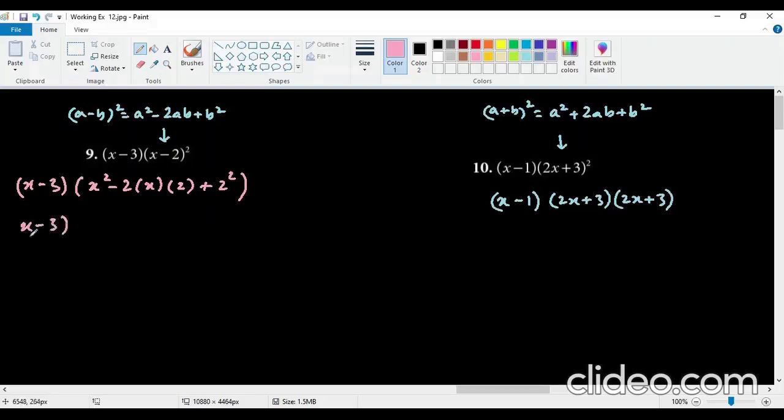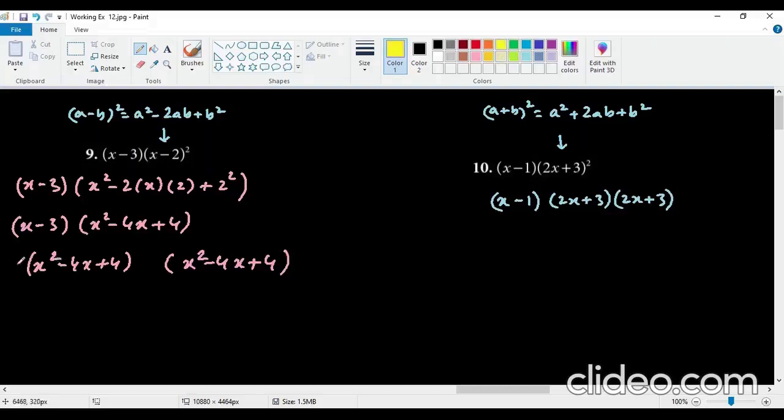Simplification is going to give me x² − 4x + 4. Now I need to multiply x² − 4x + 4 two different times, first with x and second with −3. I will multiply this first by x and second by −3.